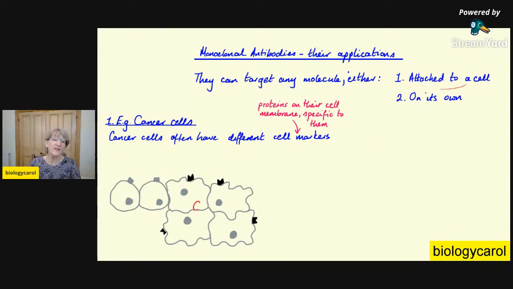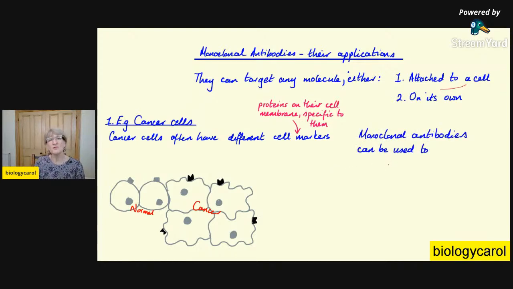So here we have our collection of cancer cells, and here we have the neighboring normal cells. Notice that their cell markers are different. This is simply a characteristic of cancer cells. They produce a different cell marker, which is very useful for scientists and medics.